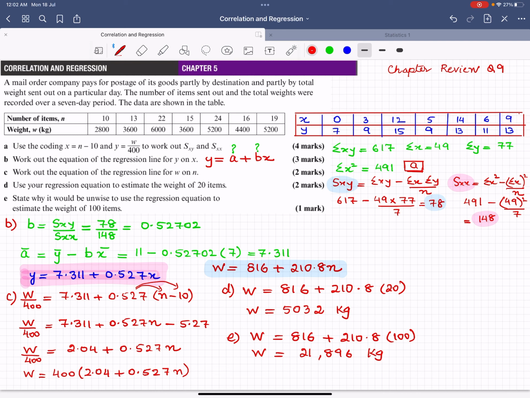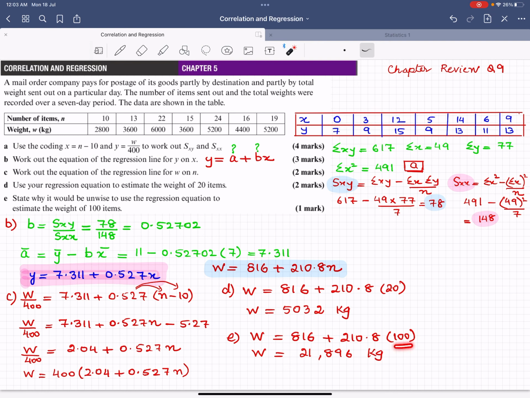Now, why would this be unwise? If we look at the n value that we have substituted, which is the number of items, it is 100. Now the x values that we are working with are values like 0, 3, 12, and the maximum value is 14.